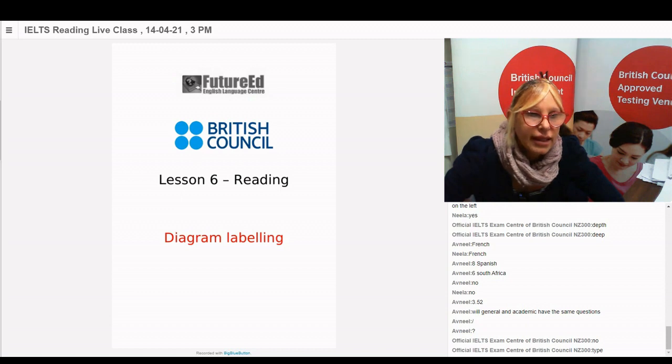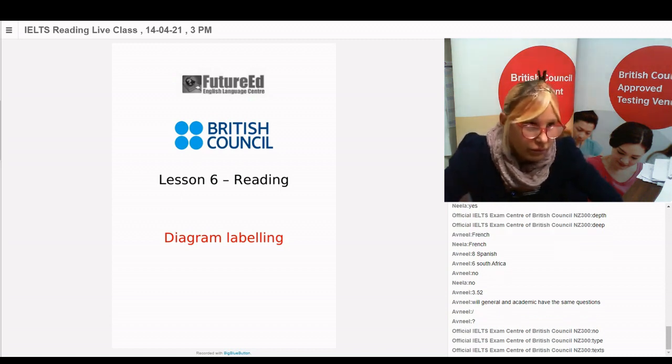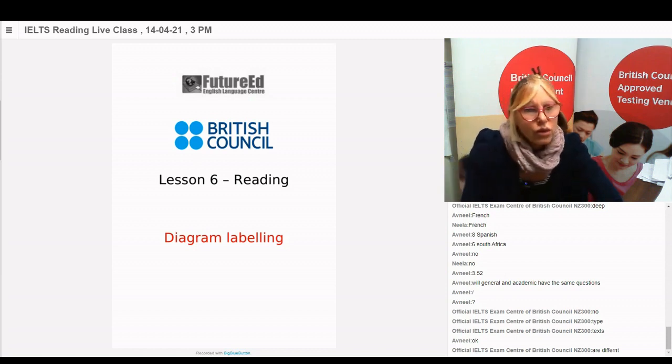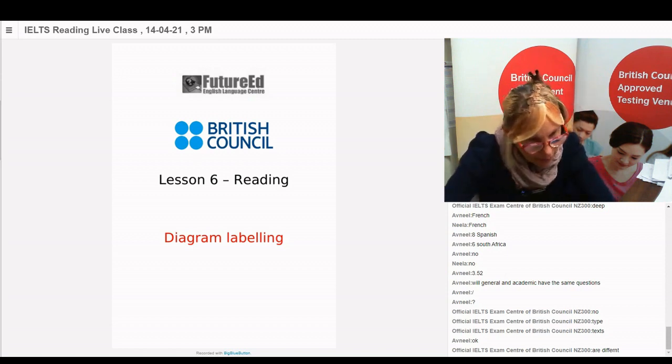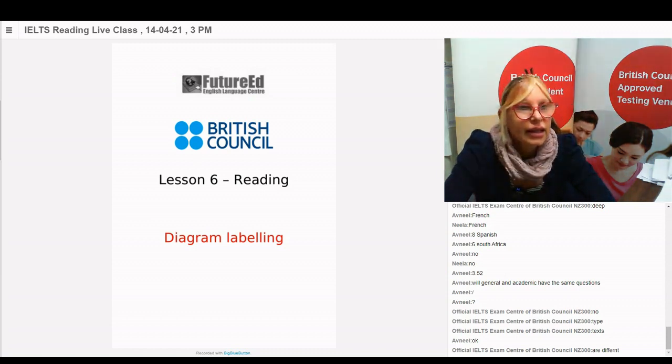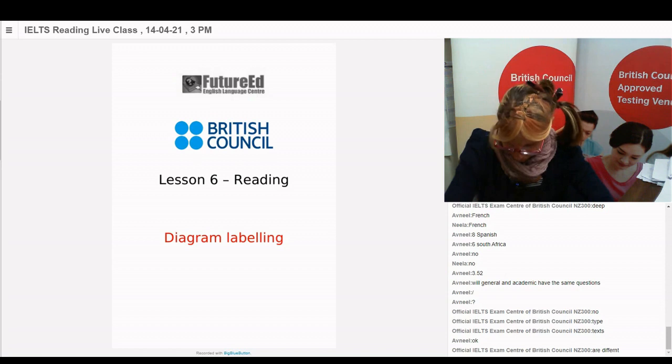So the academic texts are more academic topics, obviously, like education, with a lot more technical language, but the general training is easier language to understand, a bit more everyday type of language. Any other questions?